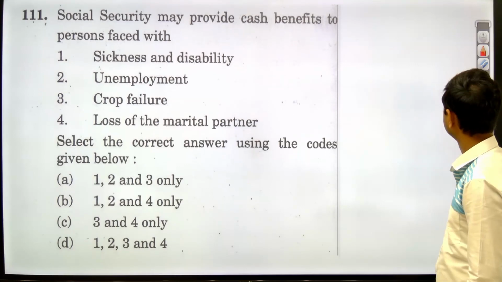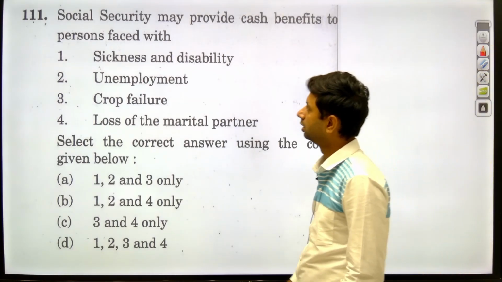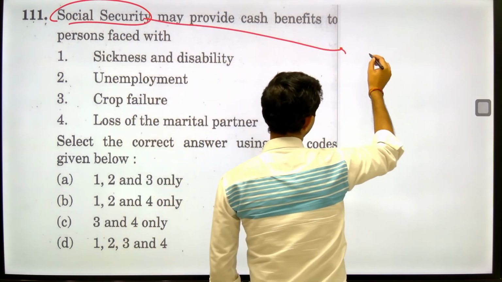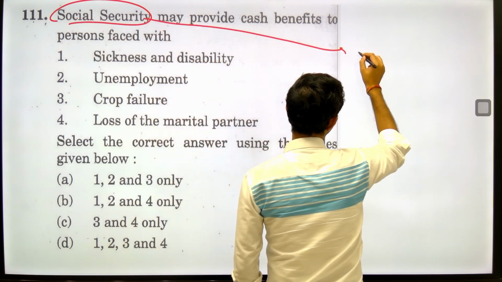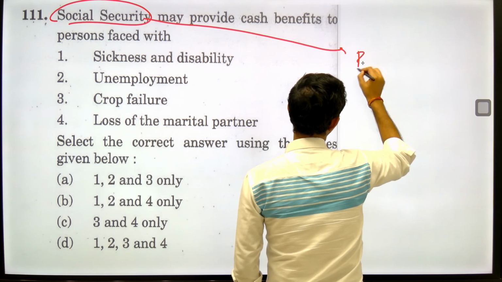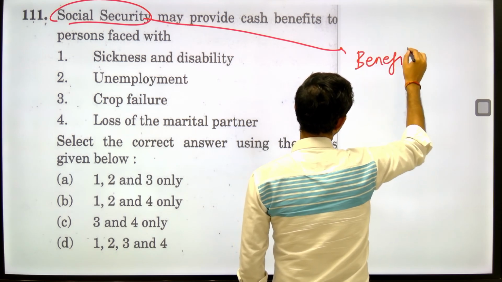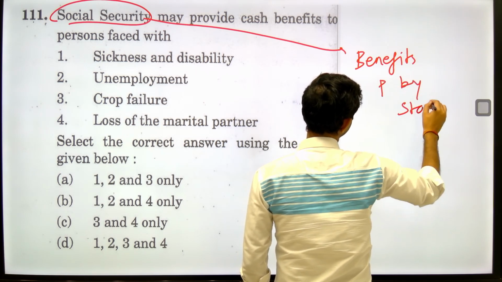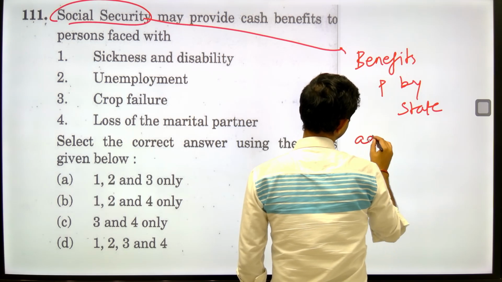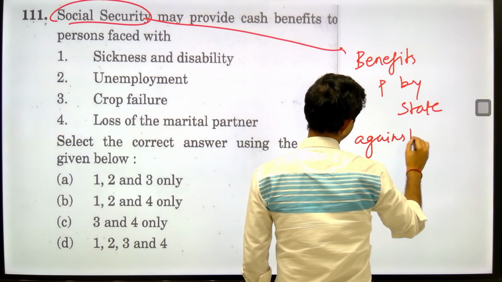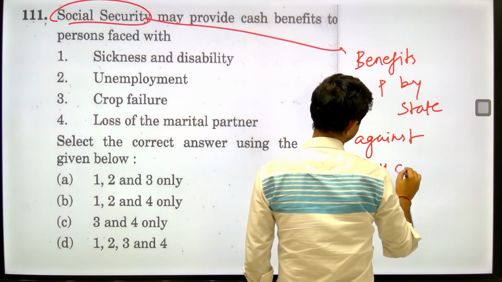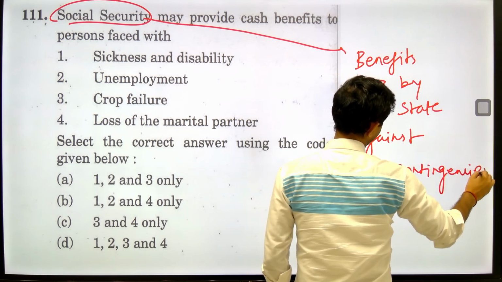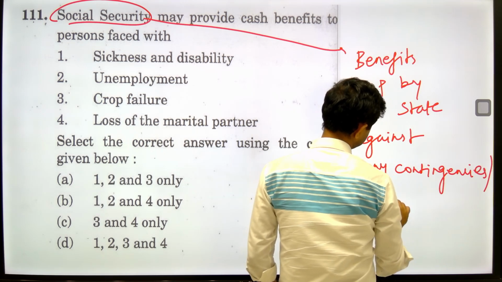Now let's move on to the next question, which is theoretical in nature. So if you know the definition of Social Security, it says that benefits provided by, right now in our case, state against any contingencies or providential mishap.